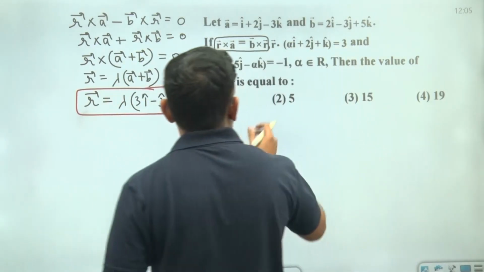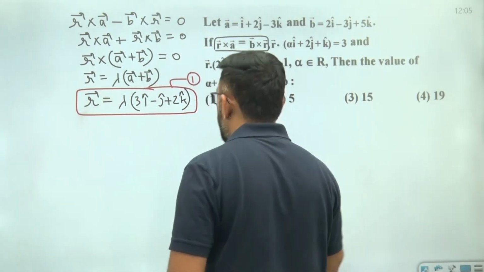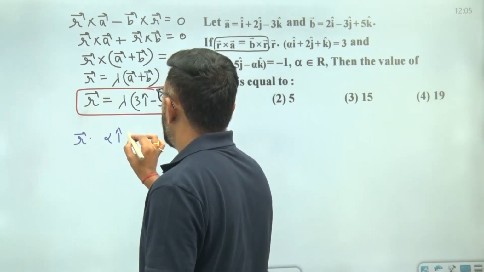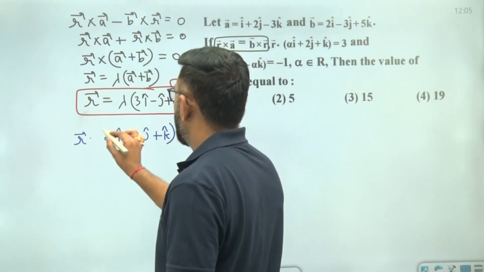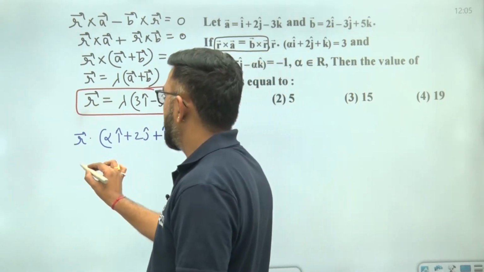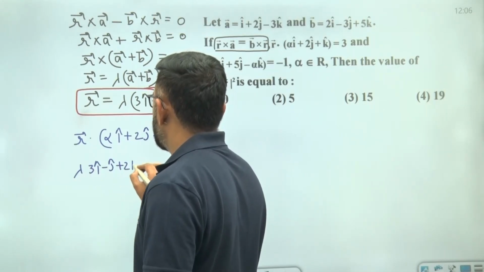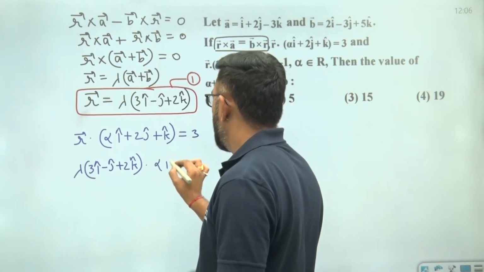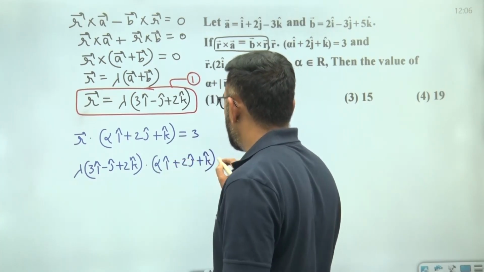Again, the dot product of R vector with this vector is given as 3. R vector dot (alpha i cap plus twice j cap plus k cap) equals 3. So R vector is lambda times (3 i cap minus j cap plus twice k cap), dot product with alpha i cap plus twice j cap plus k cap equals 3.